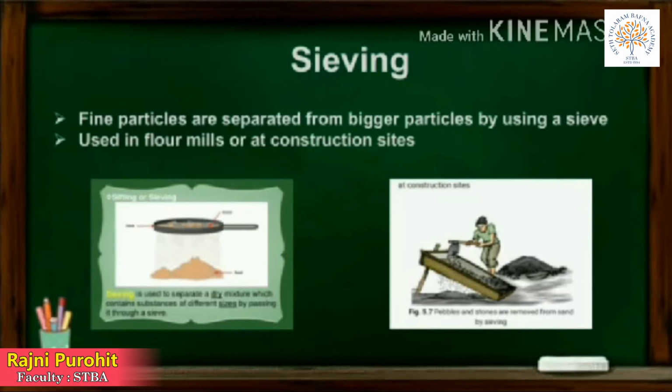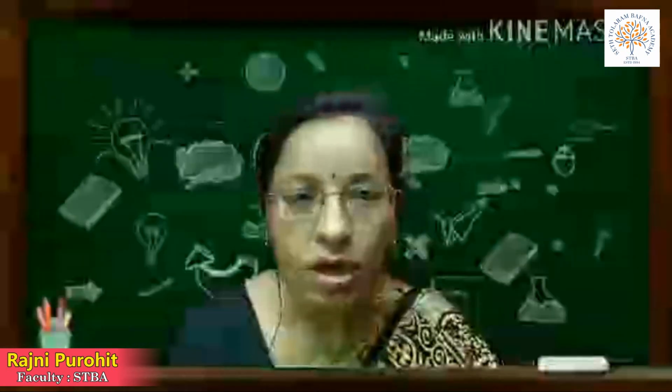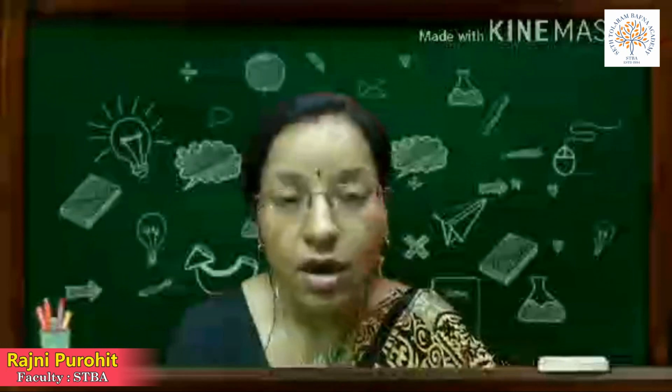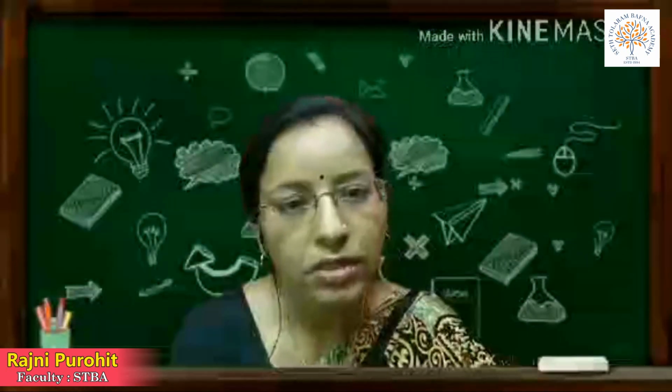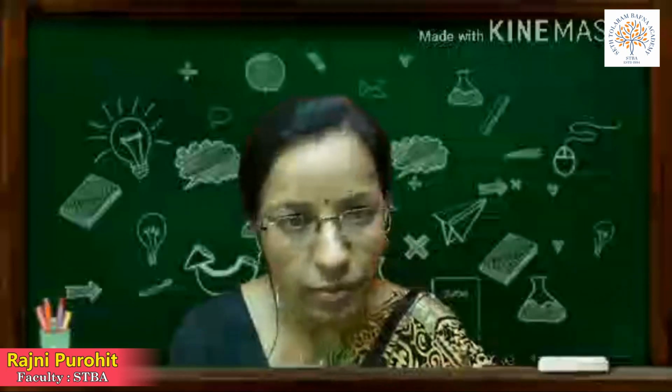So in this method, a sieve having holes of proper size according to the substance is used to separate the finer particles from the coarser particles. In this, the bigger particles are retained on the sieve, a mesh of wires, and the smaller or very fine particles pass through it easily.